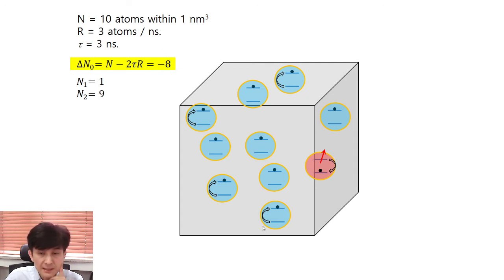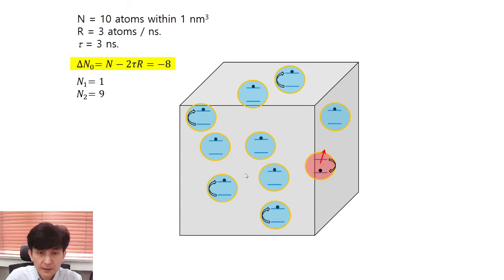So if there exist only 10 atoms within this cube, we cannot make the pumping ratio larger than 3 point something. So a pumping rate of 4 atoms per nanosecond is not realistic, so we cannot get delta N0 larger than 10, minus 10.